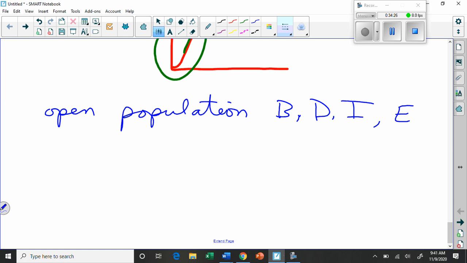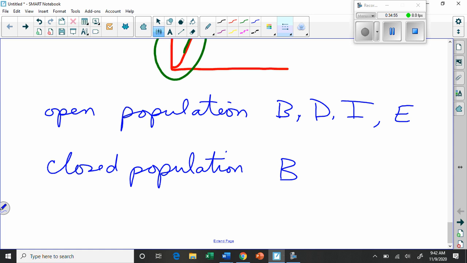But you can imagine, for various reasons, there may not be a lot of immigration or emigration. If you're in a pond, then it's pretty hard for fish from another pond to get to your pond, right? So in many situations, you have what's called a closed population, where individuals aren't really allowed in or out. It's kind of like right now, the Canada-US border is closed due to COVID. And so there's very little movement from one to the other. In that case, in the closed population, it's only the birth and death rates that have effects on the growth.